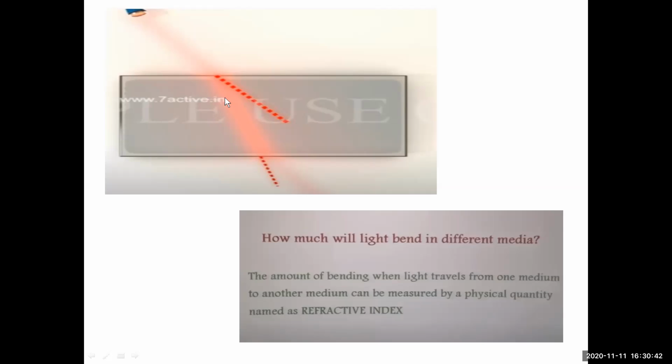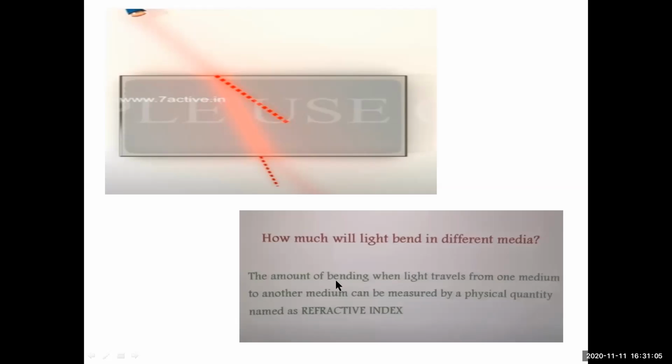Which is called refraction. Now, today we are going to discuss how much light will bend in different media. So in the glass slab, how much is it bending, and in the water, how much is it bending, and in the other liquids, how much is it bending? That we are going to see now. We are going to measure now.